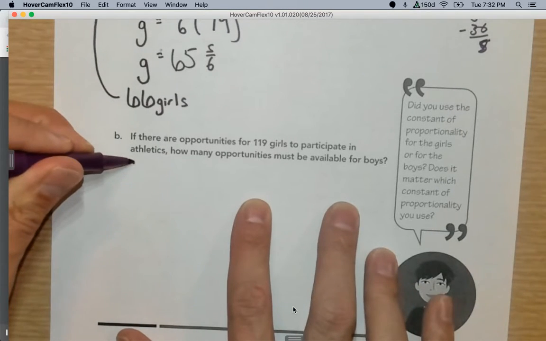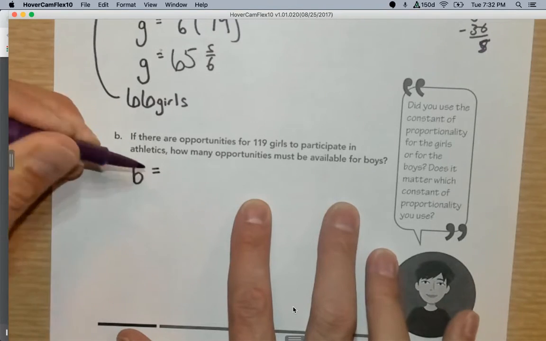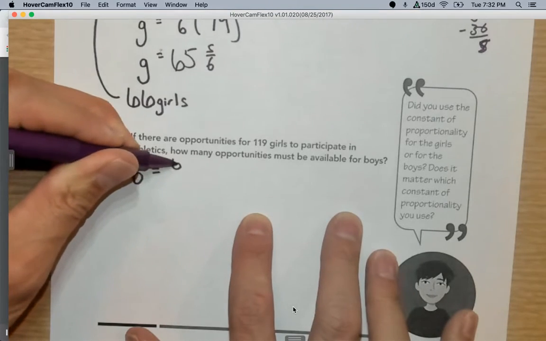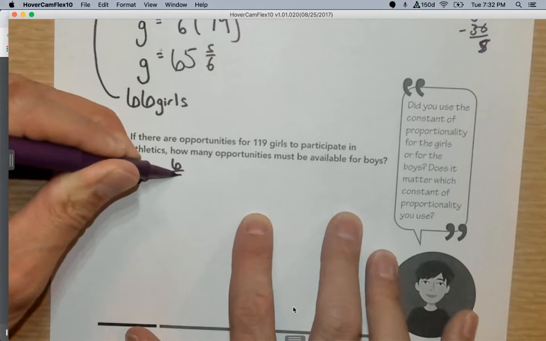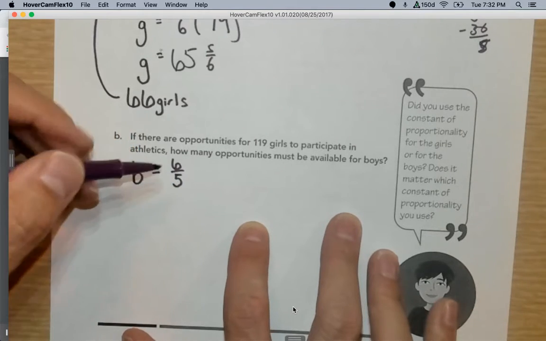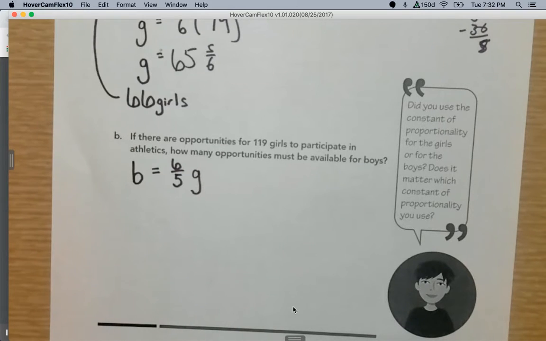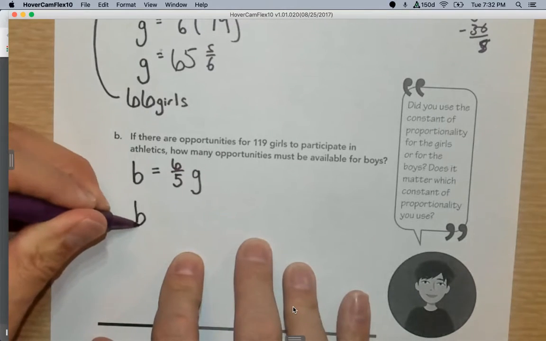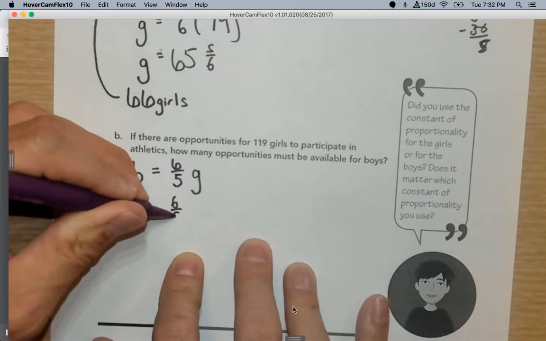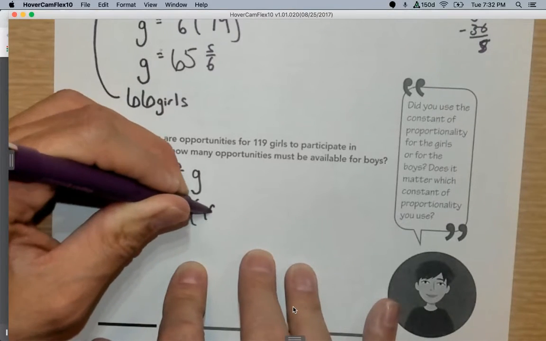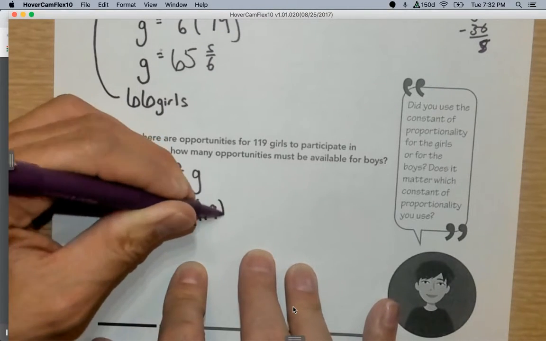Well, that equation would be boys is equivalent to 6/5 times the girls. So I write the equation because they asked for the equation. Then I substitute with the number that they gave me, 119.